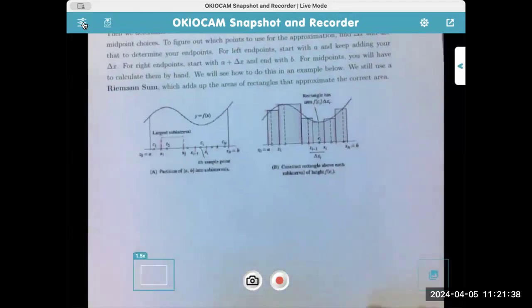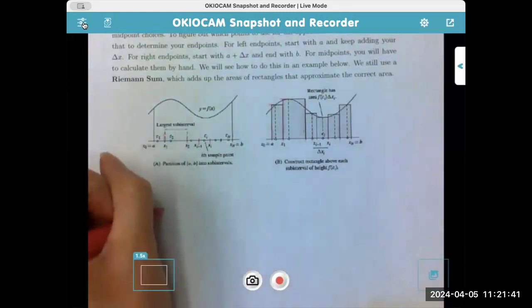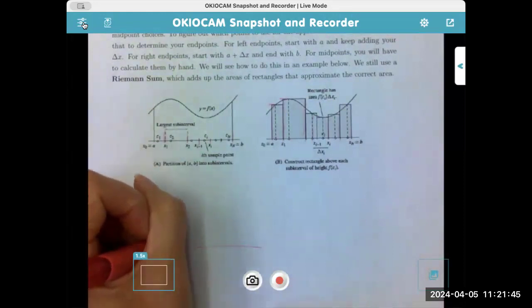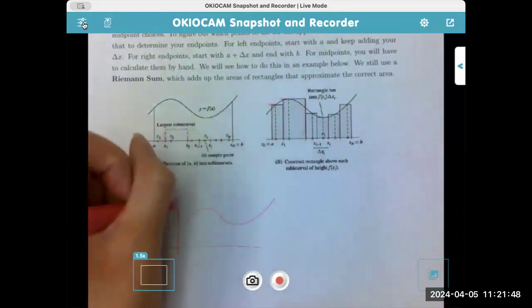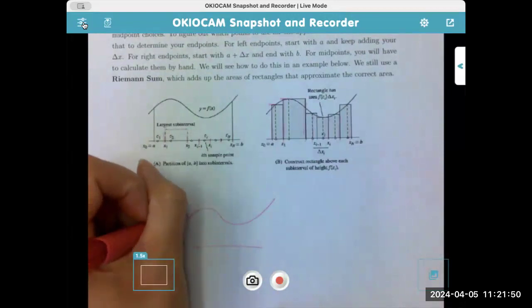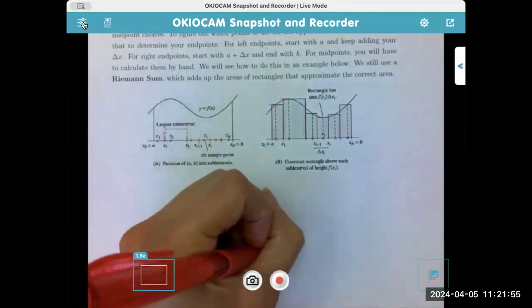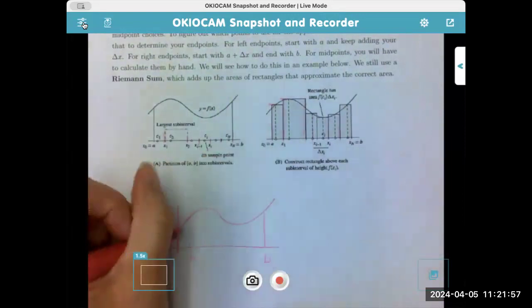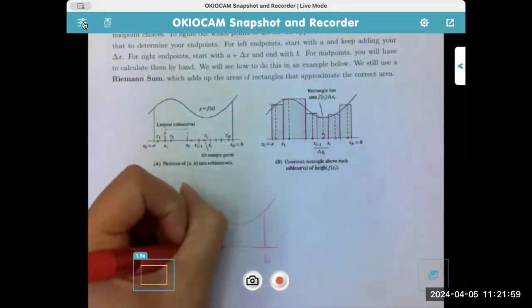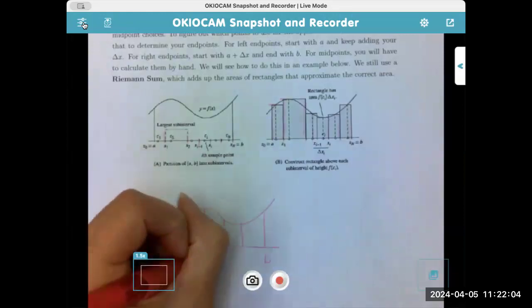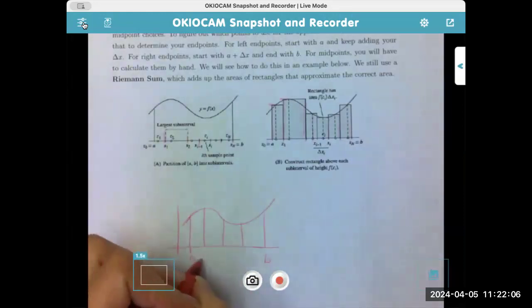But if I want a midpoint, so let's say I can draw. Let's say here's my A, and here's my B. And suppose I just want 4 subintervals. 1, 2, 3, 4. For sake of argument, it doesn't really matter.